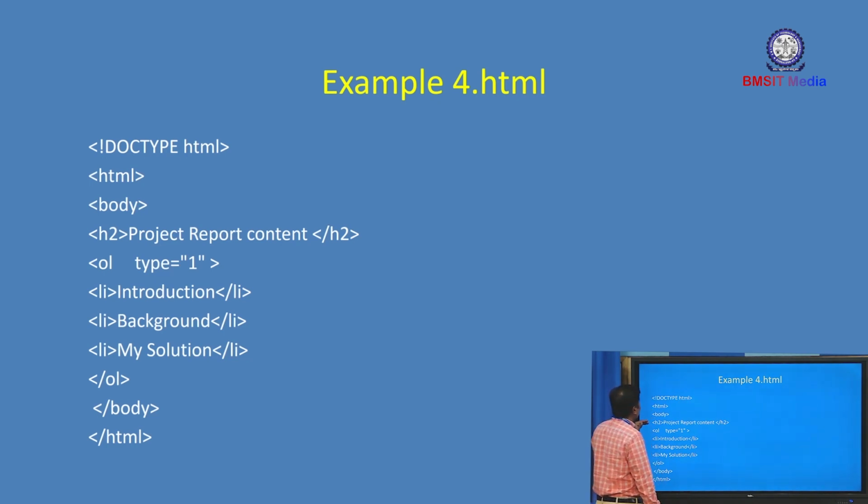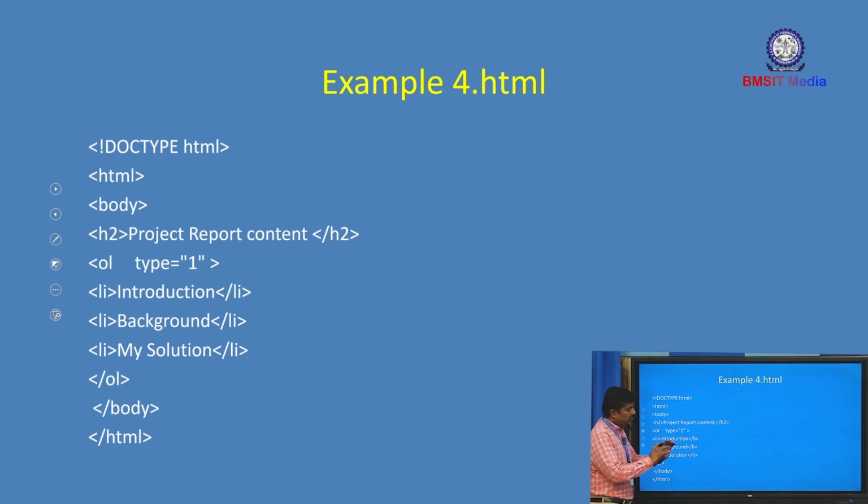Always our HTML code begins with doctype and HTML by default. Let me explain what is in the web page. H2 means header 2, and H2 is always ended with /H2. Next, OL means ordered list, and what type?